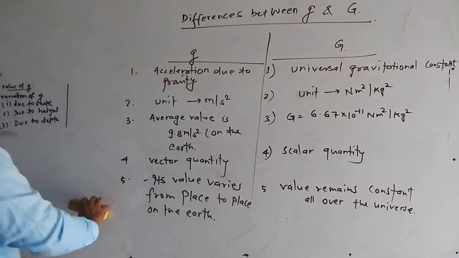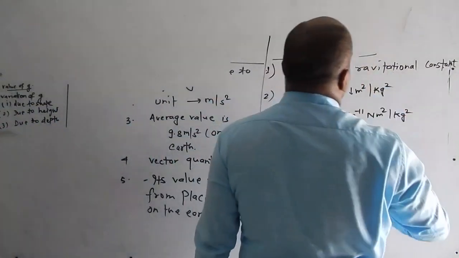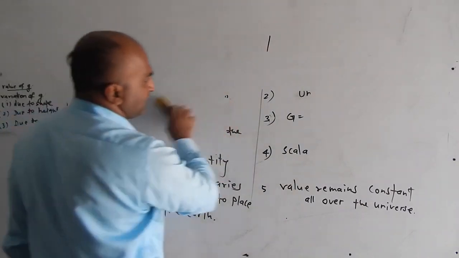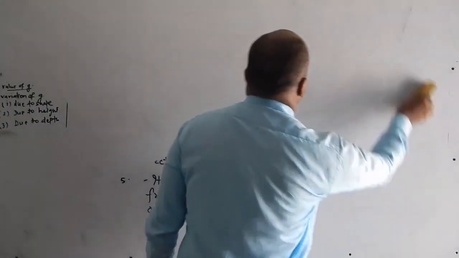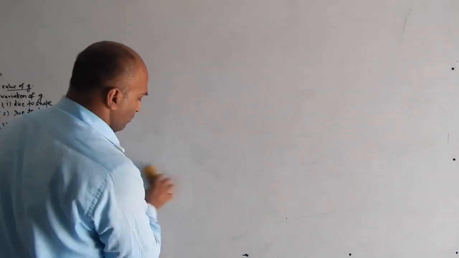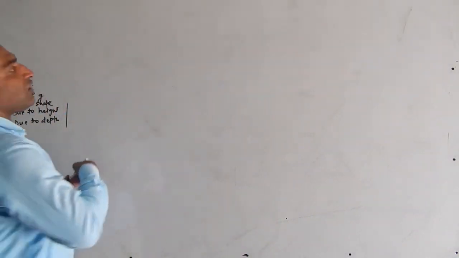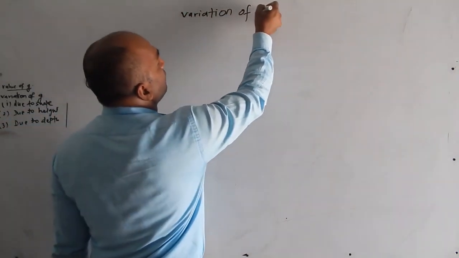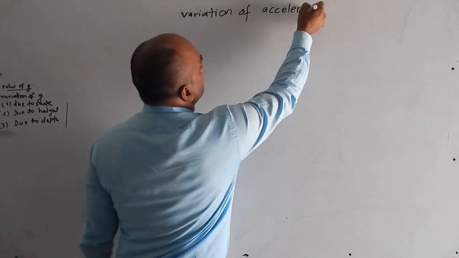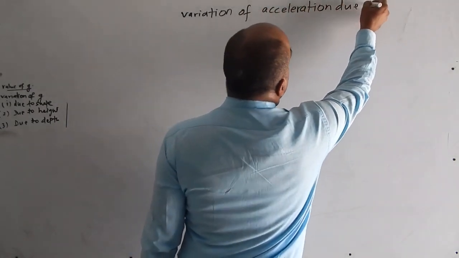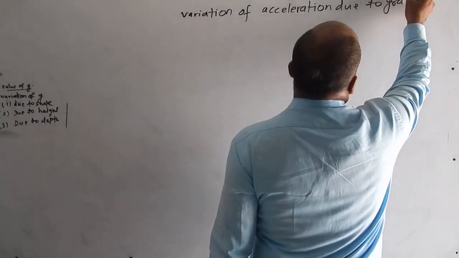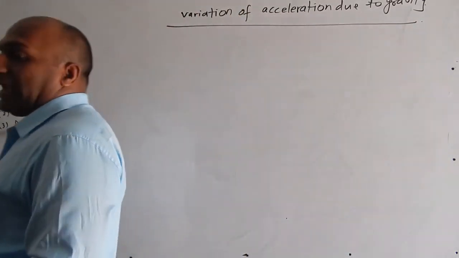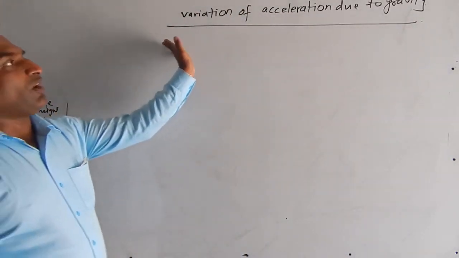Now, we will discuss the variation of small g, the variation of acceleration due to gravity, and how its value varies from place to place. As we know, the value of acceleration due to gravity varies from place to place.